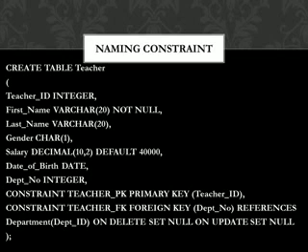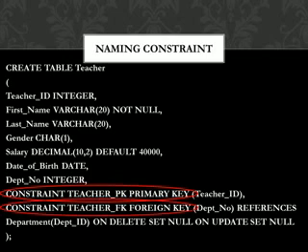So this is just how to name the various constraints. So the key constraints are primary key and foreign key here, so we are naming it like that. This is the way constraint of the primary key, and we are naming constraint teacher fk for the foreign key.